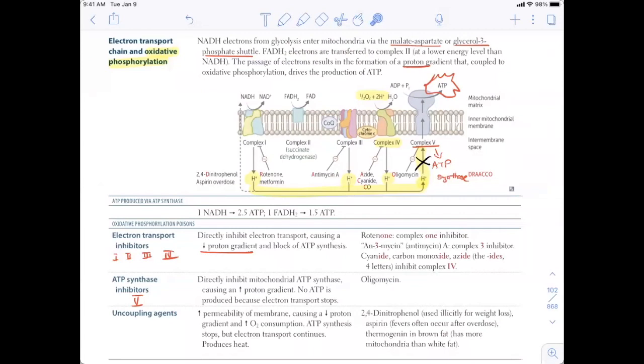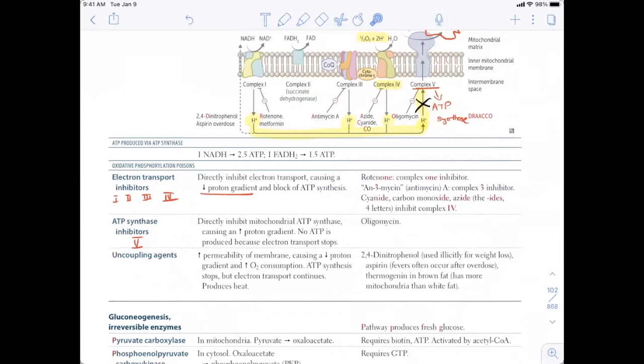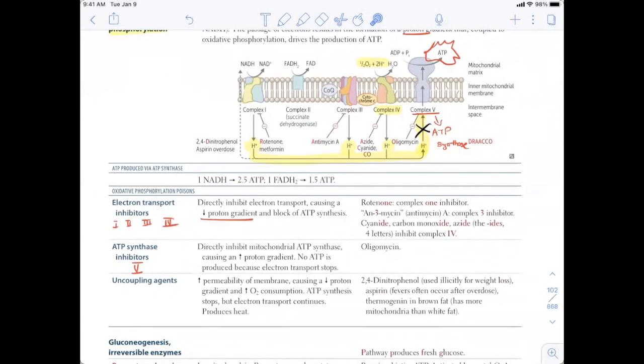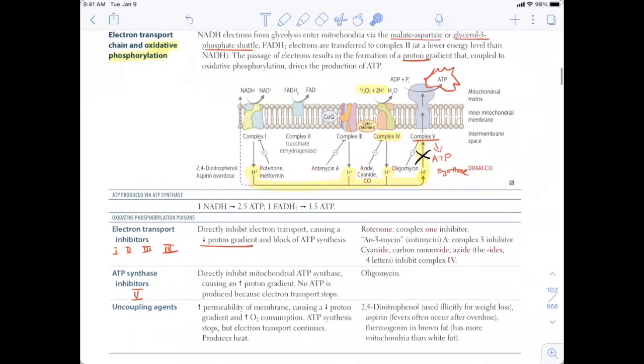And then you have your uncoupling agents. Let's start off with the word coupling, because once you understand coupling, then you understand uncoupling. The electron transport chain is considered to be a coupling reaction. A coupling reaction is when one reaction combines with another one to get an end result. So what's being coupled here?